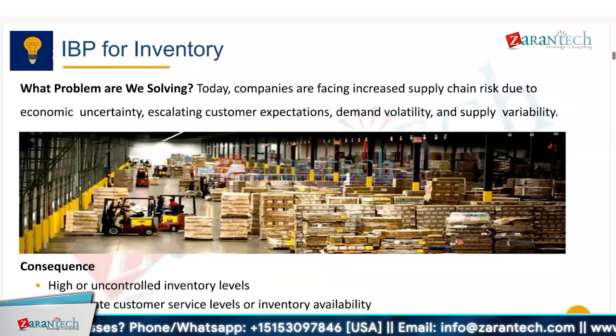Now the issue is, inventories are everywhere at the various levels of the organization. Companies are facing a lot of problems with supply chain risk due to economic uncertainty, which is leading to escalations and so on.